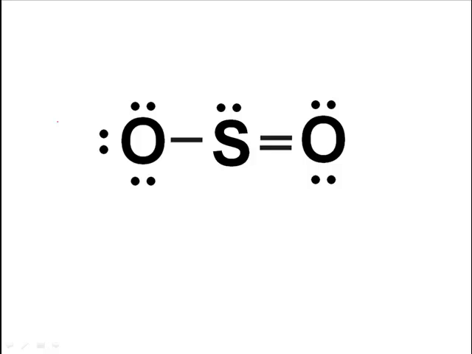Lone pairs count? Yep. This is an electron domain because it's a bond. This is an electron domain because it's a lone pair. And this is an electron domain because it's a double bond.